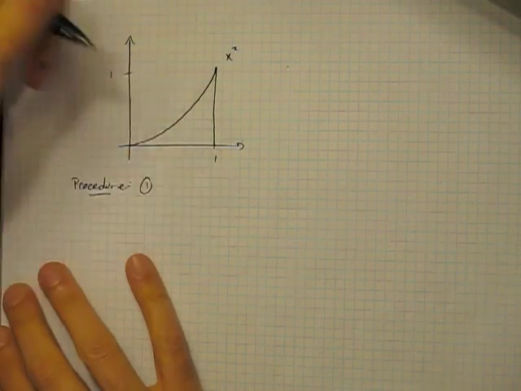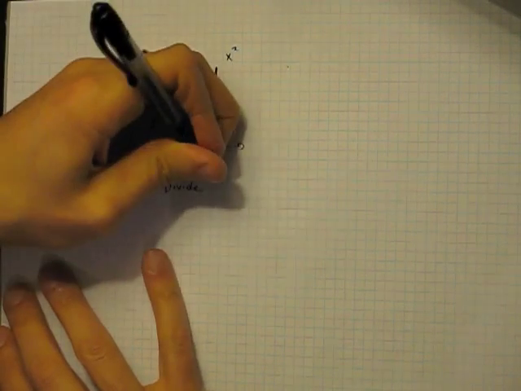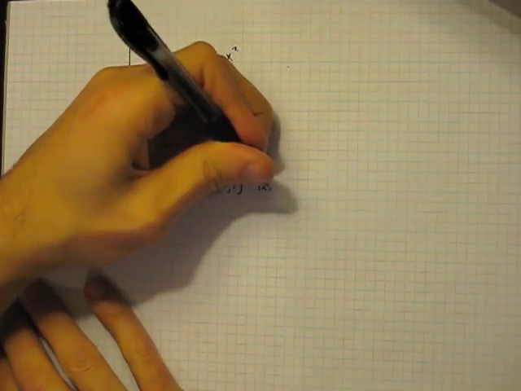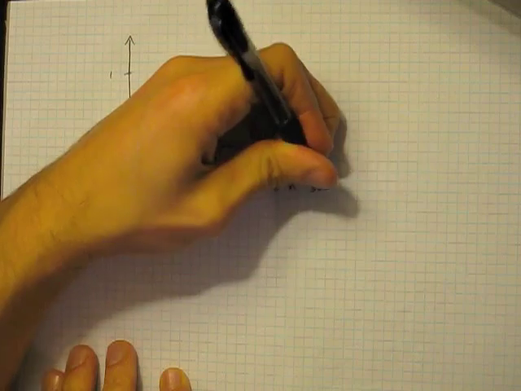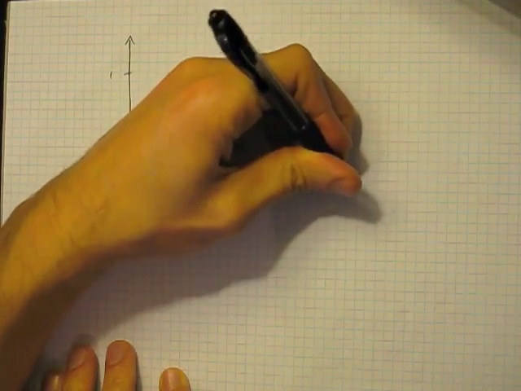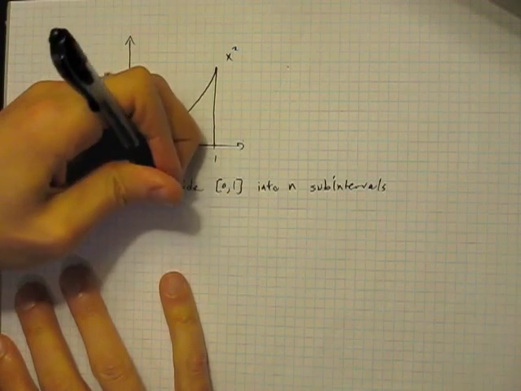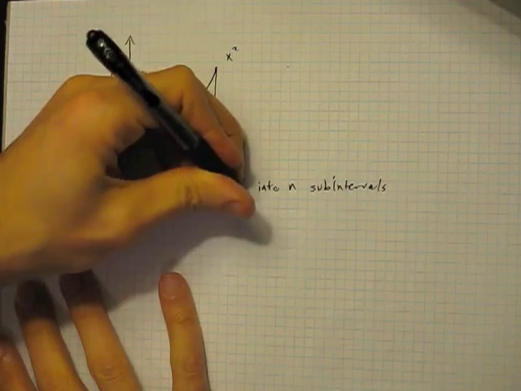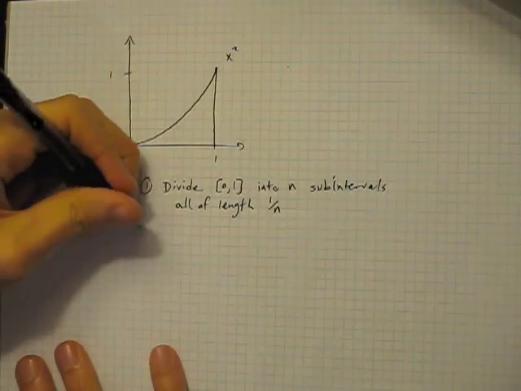So we divide the interval from 0 to 1 into n subintervals, all of length 1 over n.